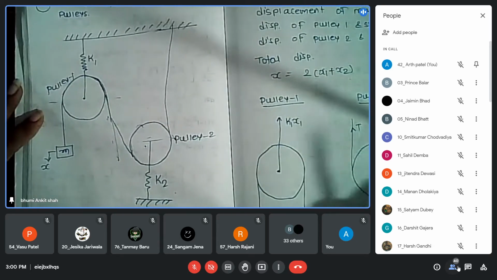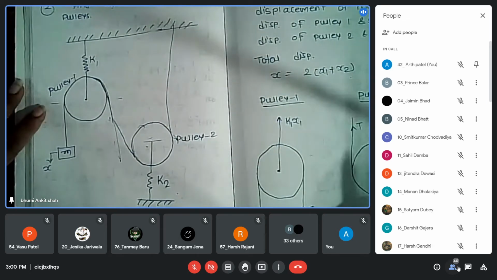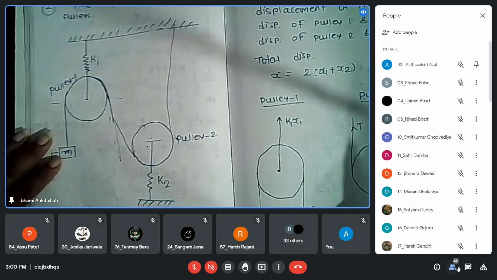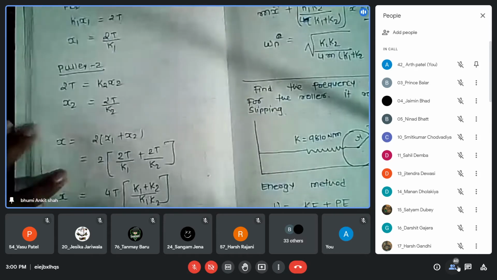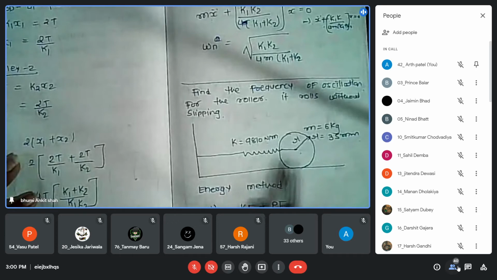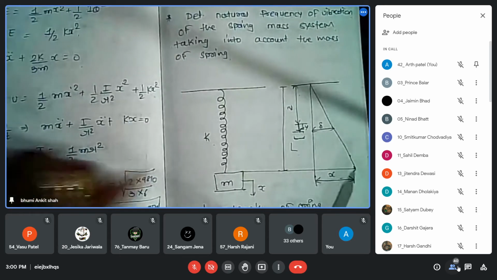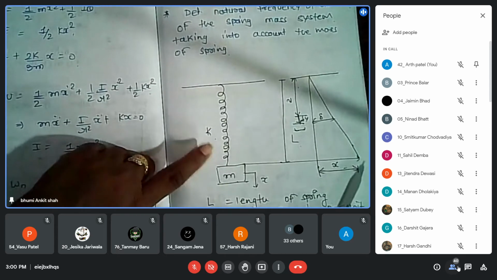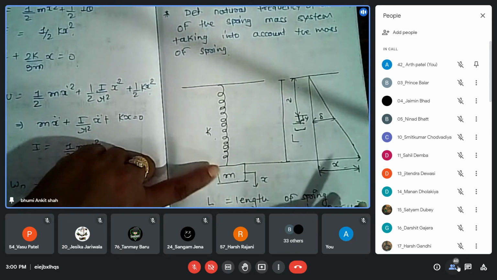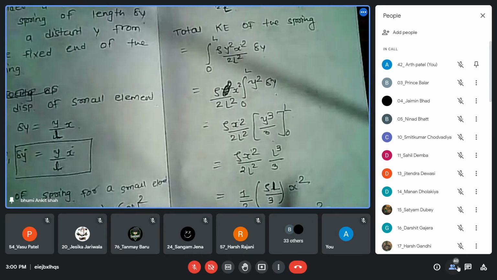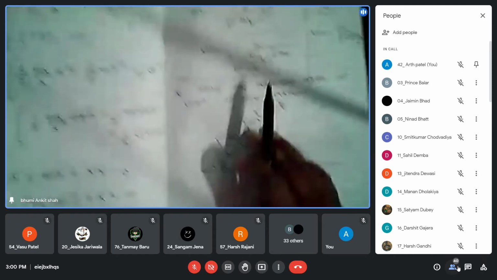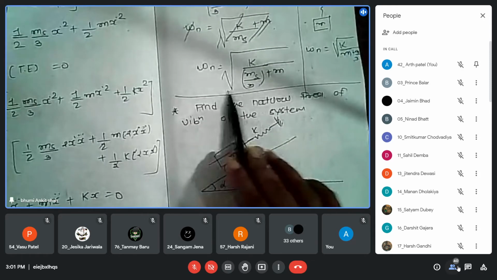We have two different pulleys, two different springs. This problem we have solved by free body diagram. This problem we also covered, a simple spring and roller system. This is the problem where we have considered mass, where we have proved that ms, the mass of the spring, equal to divided by 3. Right, see, this is solved.